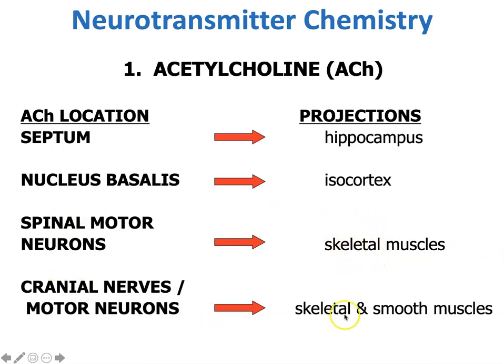So these are probably the most well-known acetylcholine receptor or acetylcholine synapses. What we don't know very well is the function of acetylcholine within the CNS, within the brain neural connections.